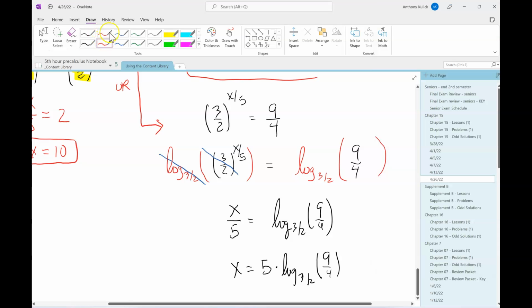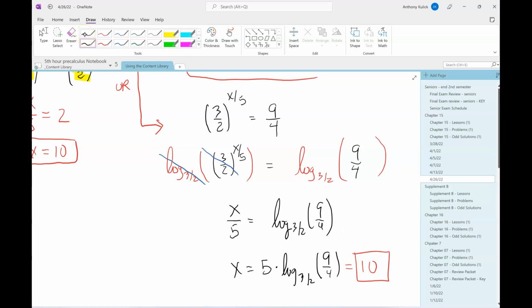Is either method okay? Yes. Well, Mr. Kulik required you to do one way versus the other. No. The advantage of this second way I've shown you is it scales very nicely. Sometimes, how the heck do I rewrite this number so that it has the same base as the other side is a particularly difficult question.